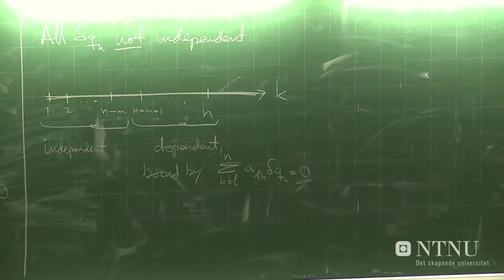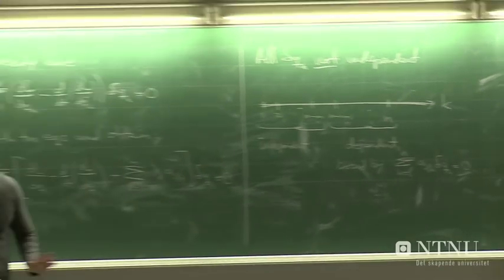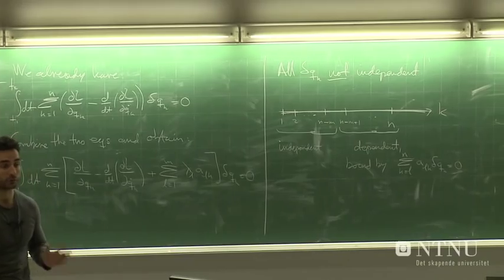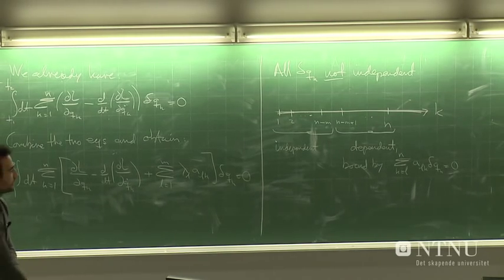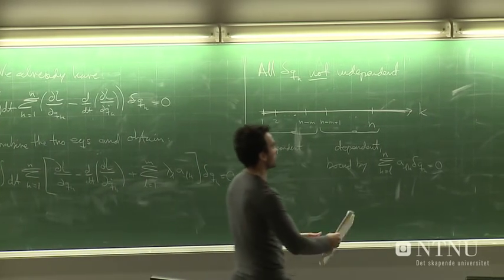We have this expression. We cannot say that this is 0 because all of these q_k's are not independent. However, we do have one wildcard at our disposal which can help us. And that is these Lagrange multipliers, which we haven't specified, so we're free to choose them. So let's make a good choice.